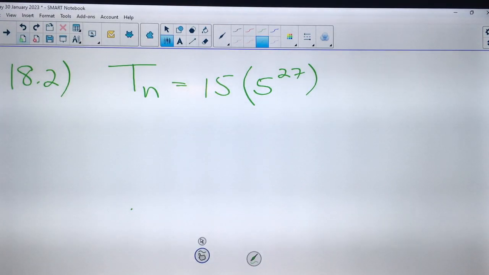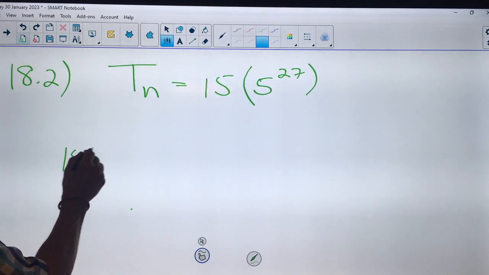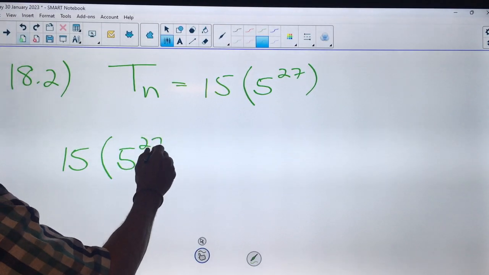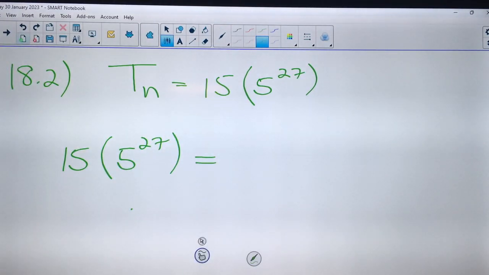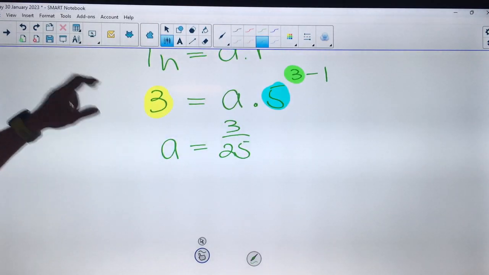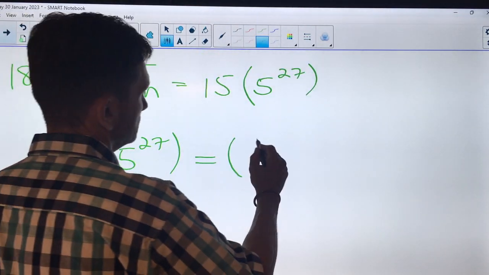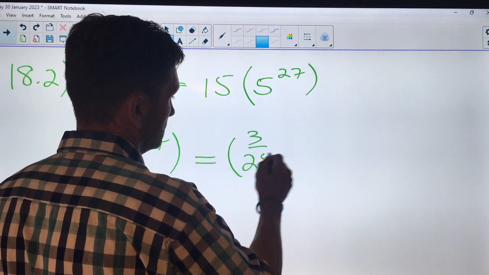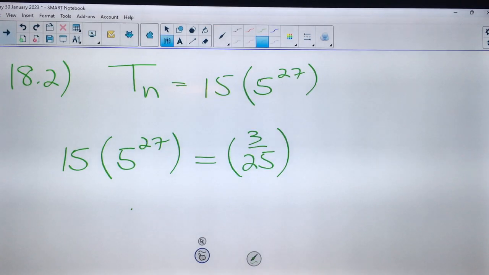What do we have of this? We have Tn. A we've calculated just now. What is A? 3 over 25. So this is the first term of the sequence. So that means we just substitute n as 1 minus 1.